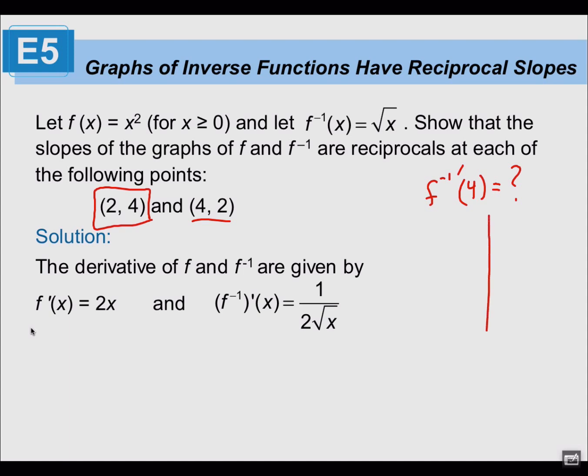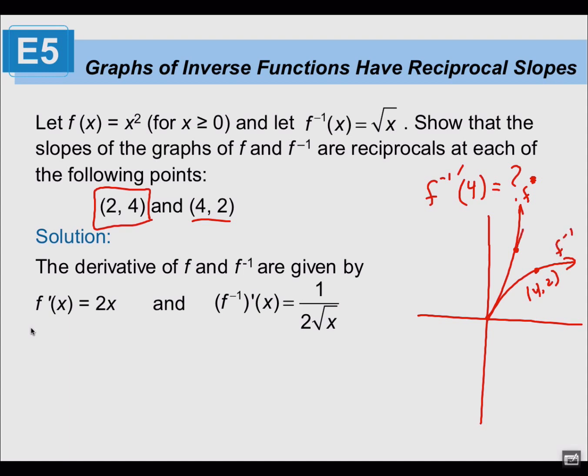Okay, and again, for those of you that are visual learners, we've got the square root of x, and we've got x squared, or part of x squared, because we're doing only greater than 0. So at 4, 2, I'm at that point. I don't want that 4, 2 point. I want the point 2, 4. Okay, so this is f. Whoops, no, that's f, not f prime. This is f inverse.